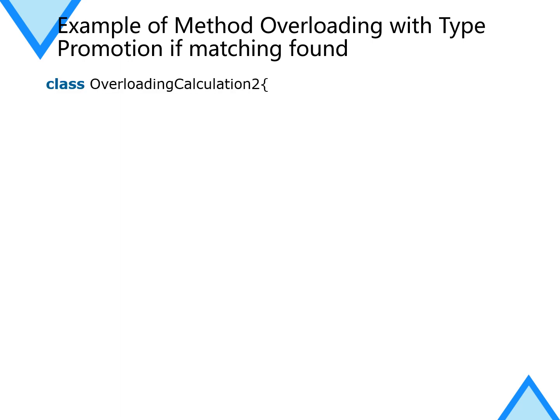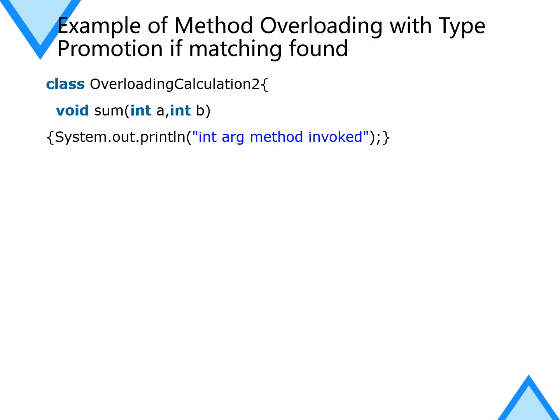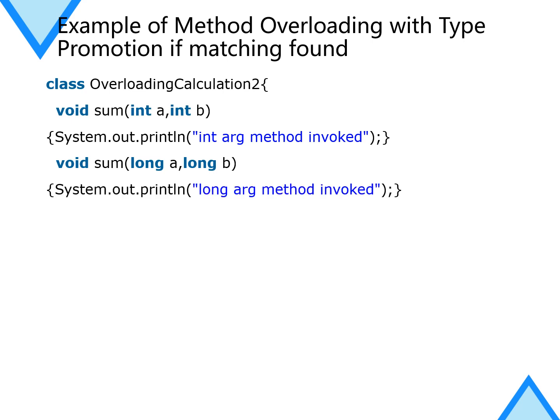So we have another class with the name OverloadingCalculation2. We have one method sum with two integer type parameters, and we are printing the message int argument method invoked. We have another implementation of the sum method, but here we are changing the type of the arguments. The number of arguments is the same, and we are showing the message long argument method invoked.